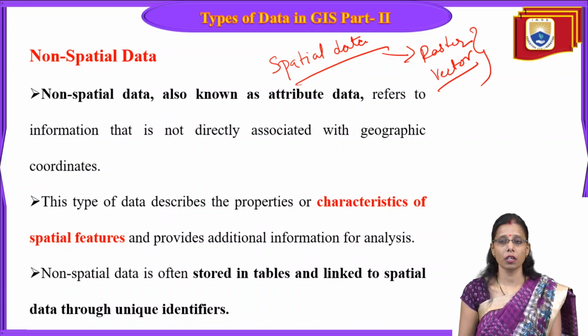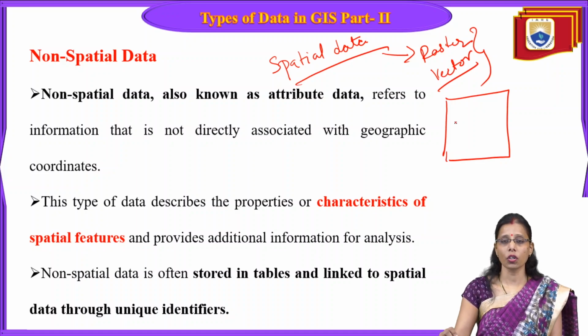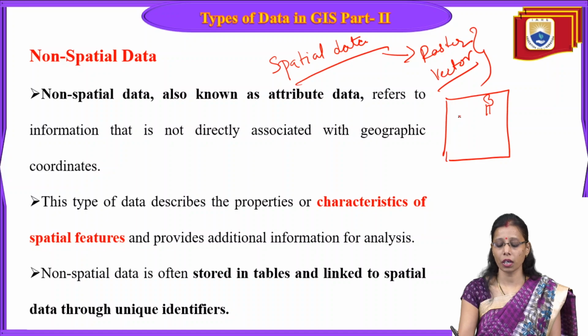Once we are representing spatial data, we must attach non-spatial data to it, and only then will the result be useful and understandable. Spatial data is like a map or an image. When you click a digital image through a camera or sensors, you will have a lot of information in that image: trees, roads, a railway track.